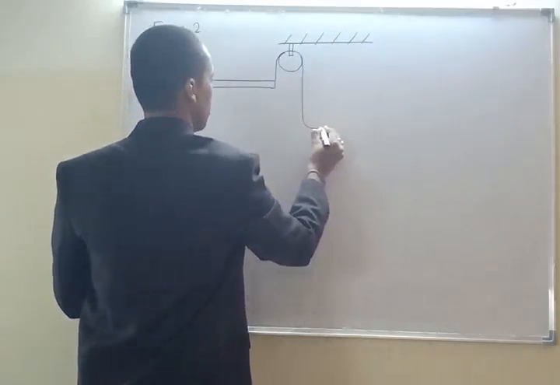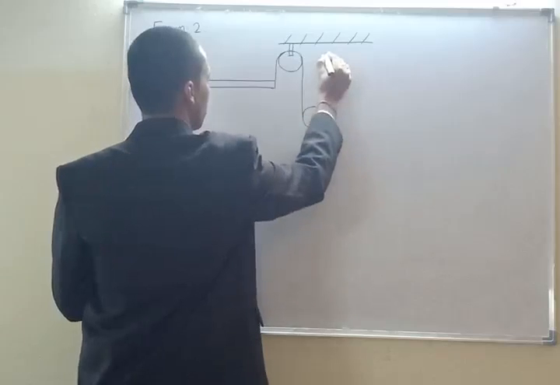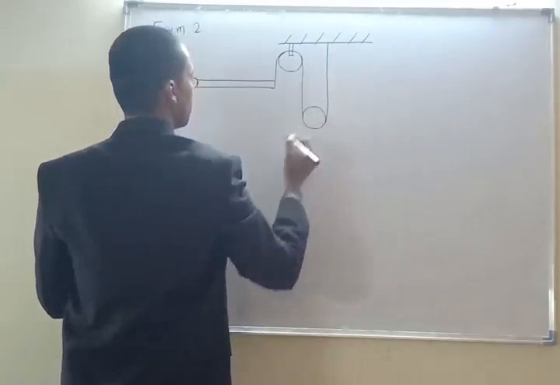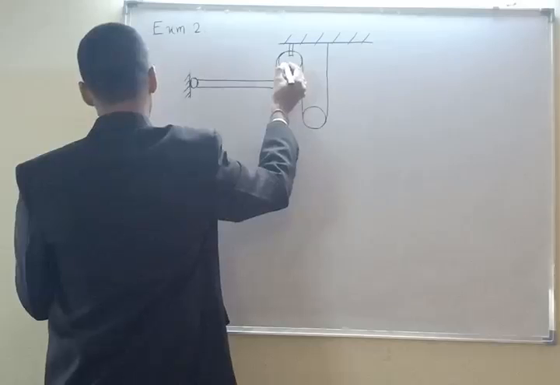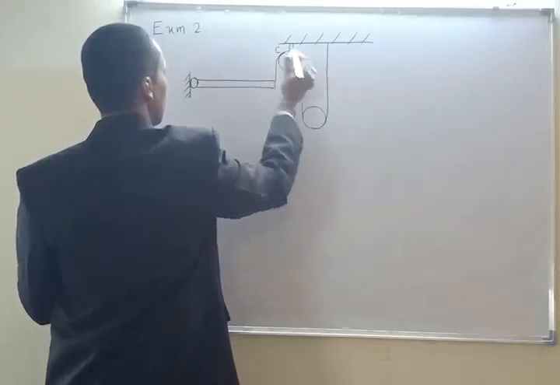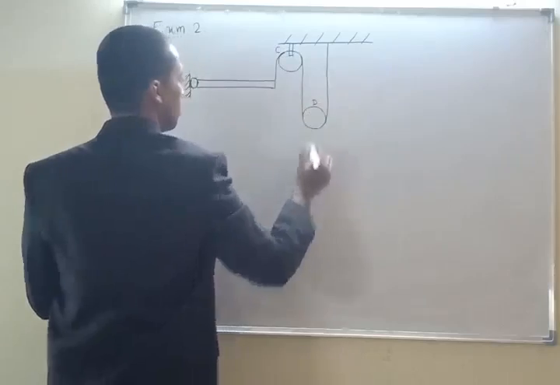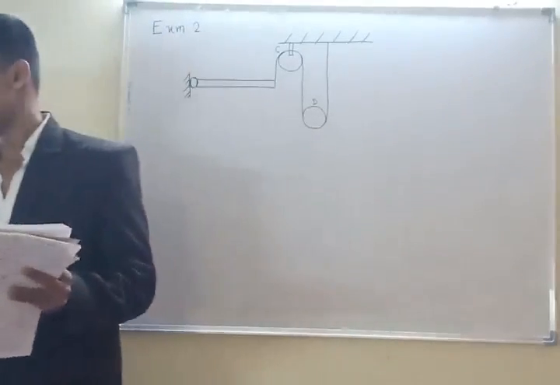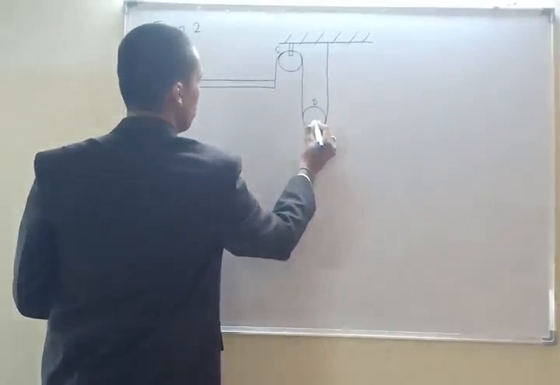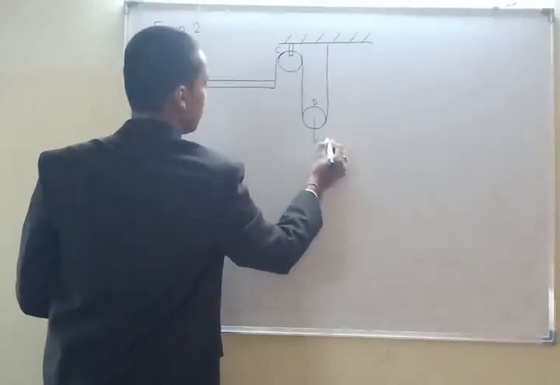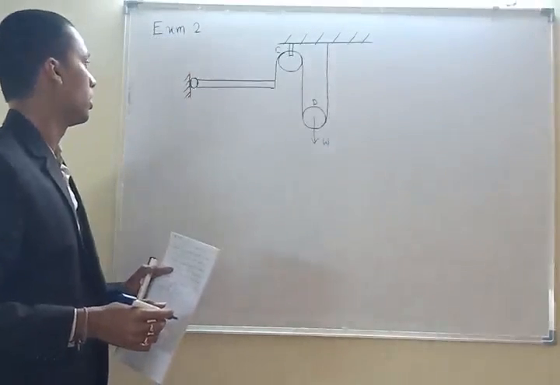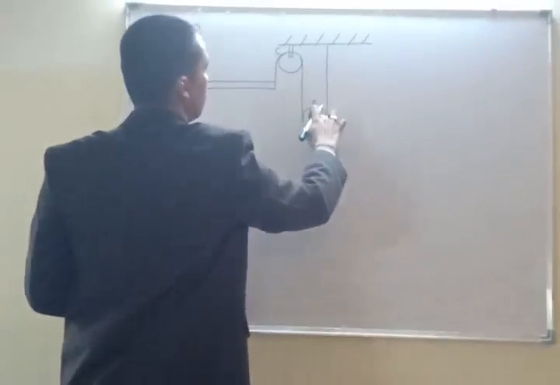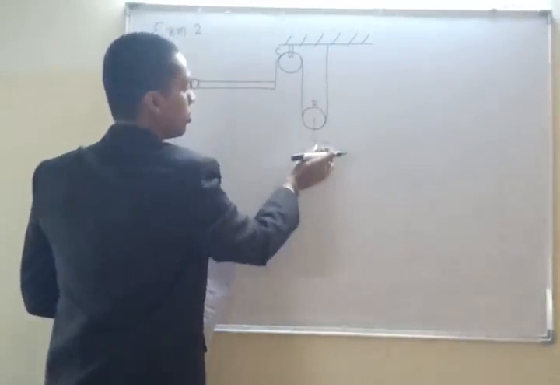Then this is pulley C and this is D. Okay, and a load of W is attached with pulley D. So the load W is attached with pulley D. Okay, if this happens, then this will go down because of this load.